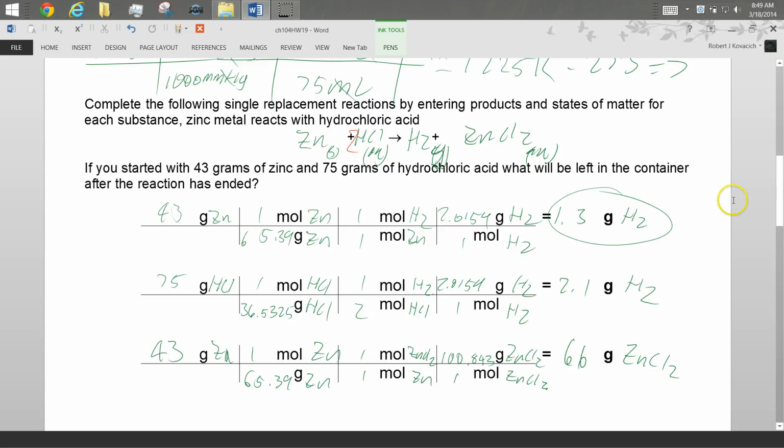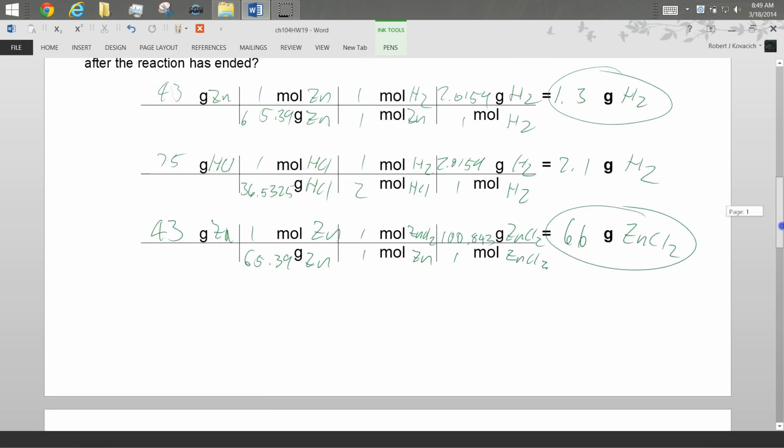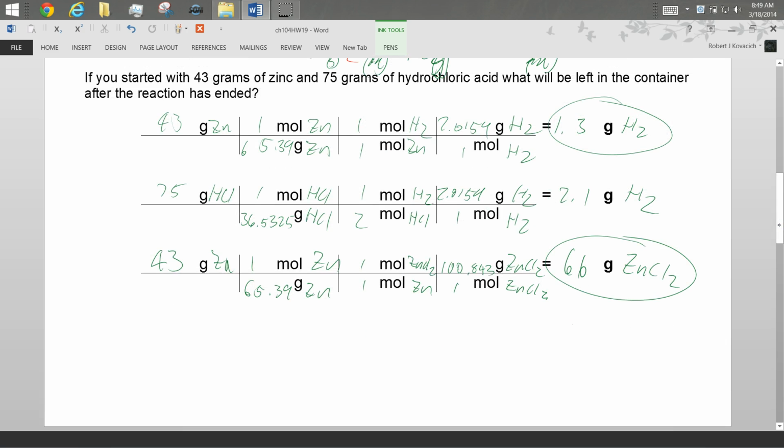One more thing to do. And what's the last thing I need to do? I need to figure out how much HCl is left. So I've got 43 and 75. So 118 grams of reactants are in the container. So when I'm finished, I have to have 118 grams of product plus leftover reactant.